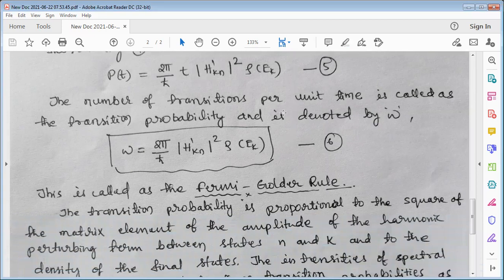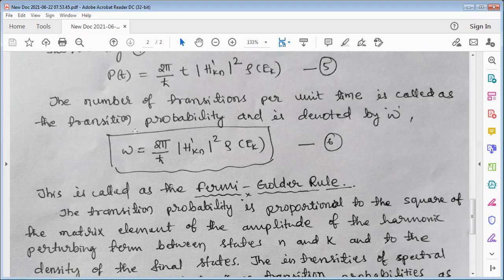Then the number of transitions per unit time is called the transition probability, and is denoted by ω. So that is why this t goes to unity, because this becomes P by t. This ω is equal to P by t. That means the transition probability per unit time is P(t) over t.